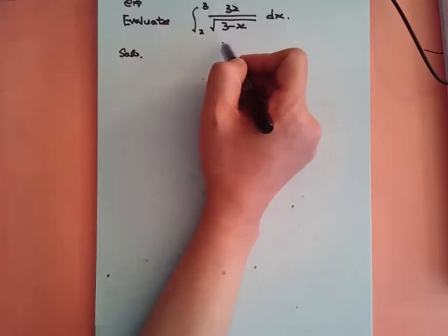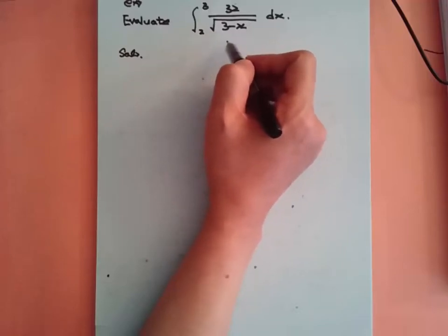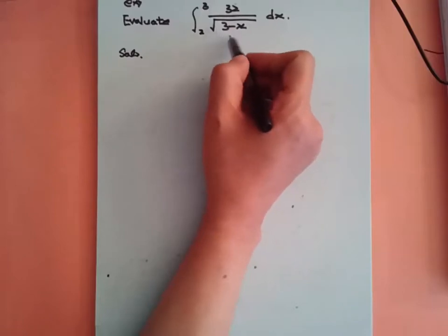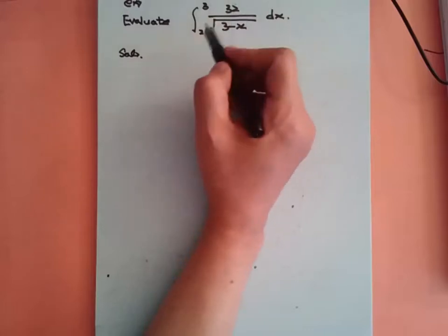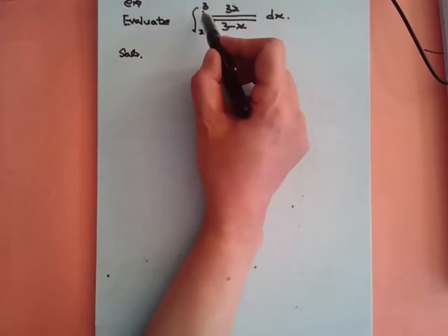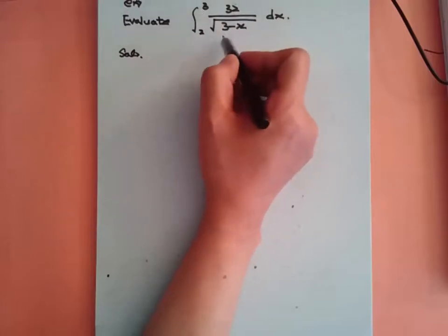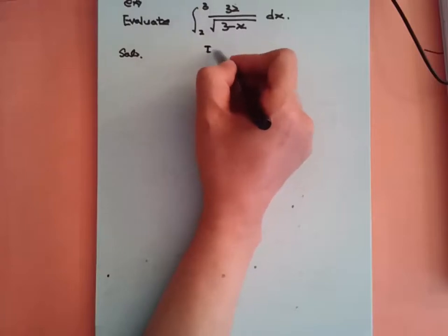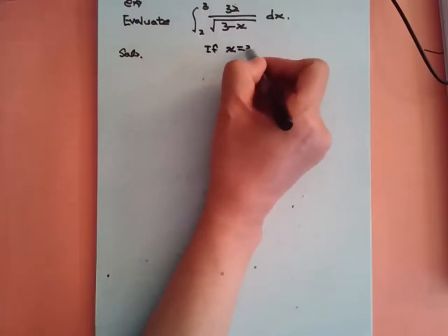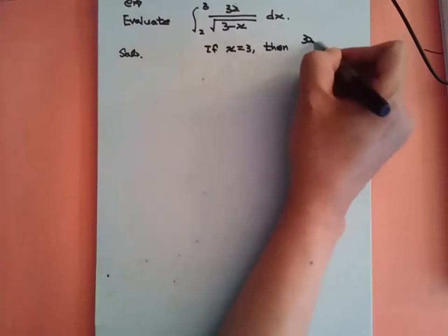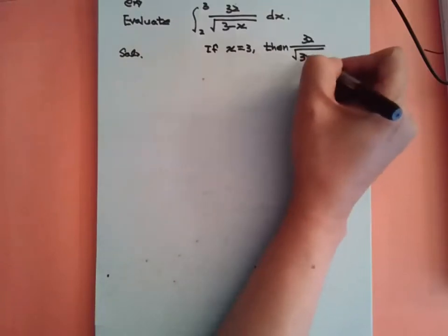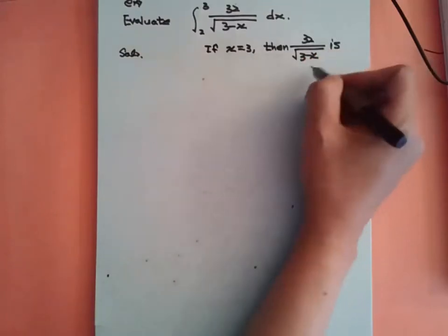And what we realize is in this case, if the denominator is 0, then the fraction is not defined. So this time, not the lower bound, the upper bound is undefined, right? And so if x equals 3, then 32 over square root of 3 minus x is undefined.